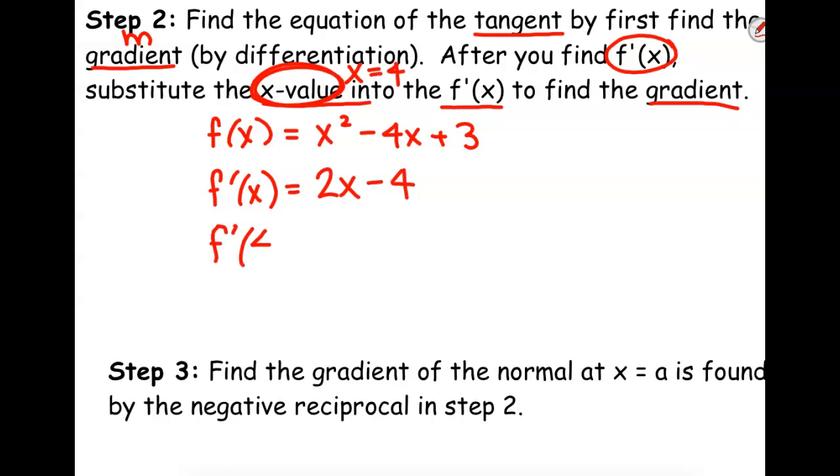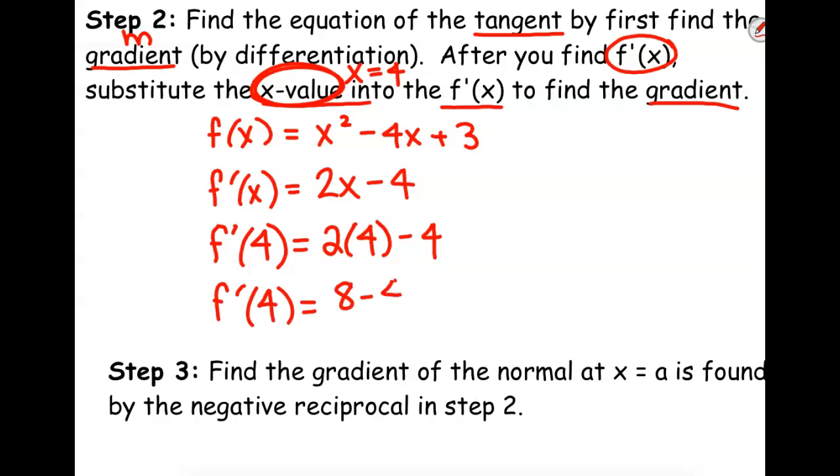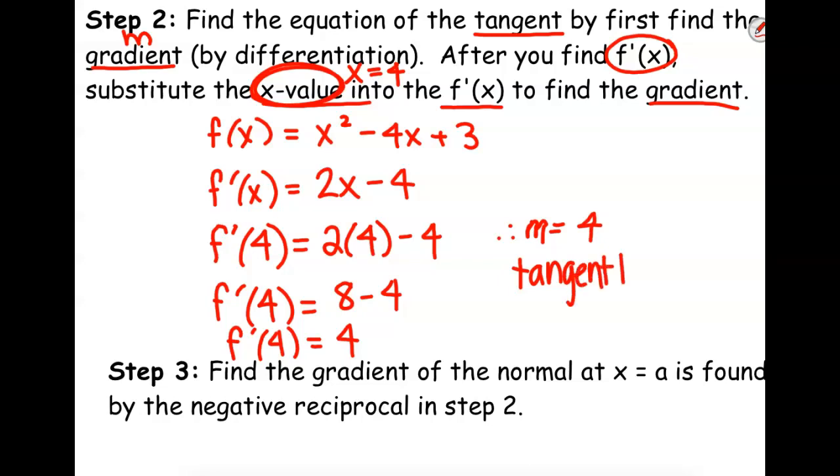So we're going to evaluate that derivative function at 4 and then simplify it. So we get 4. What did we just find? That is the slope of your tangent line, the gradient of your tangent line.